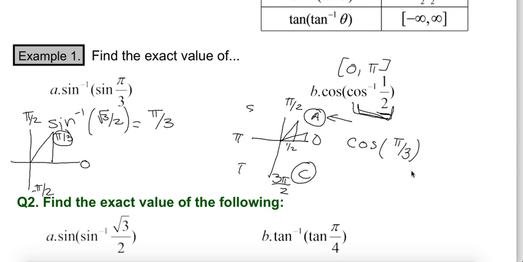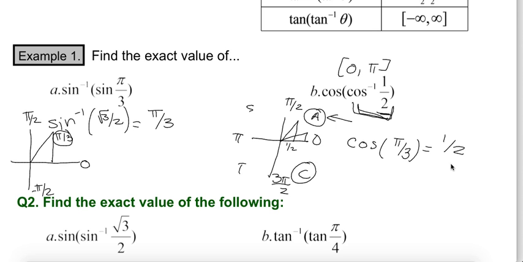And so now you just have to ask yourself, well, what's the cosine of pi over 3? Well, we just saw from the inverse of 1/2 that it equaled pi over 3. So in this case, the cosine of pi over 3 is actually 1/2.